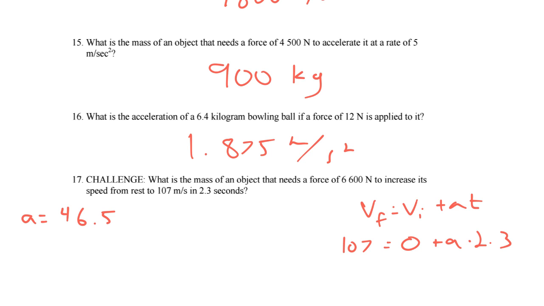And now we know the force, so force equals mass times acceleration. We'll take the force and divide it by the acceleration, so 6,600 divided by that number is 141 point, we'll round up to 9 kilograms.